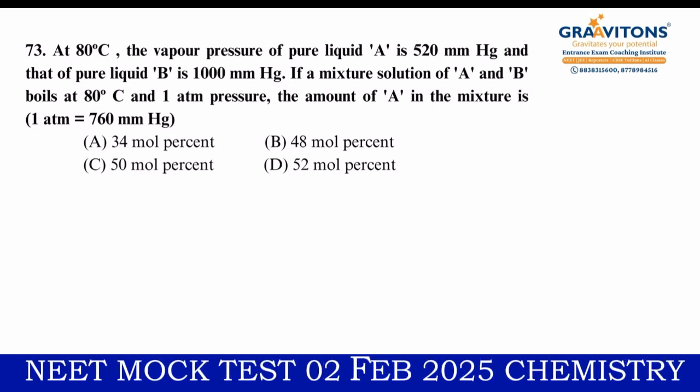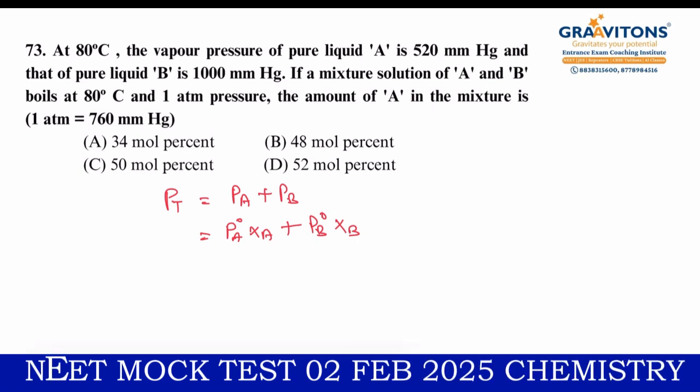Okay, so first we will go as per Raoult's law. We know that the total vapor pressure P total is equal to the partial pressure of A plus the partial pressure of B, and PA can be written as PA naught into mole fraction XA plus PB naught into mole fraction XB, and first we shall calculate the value of XA.